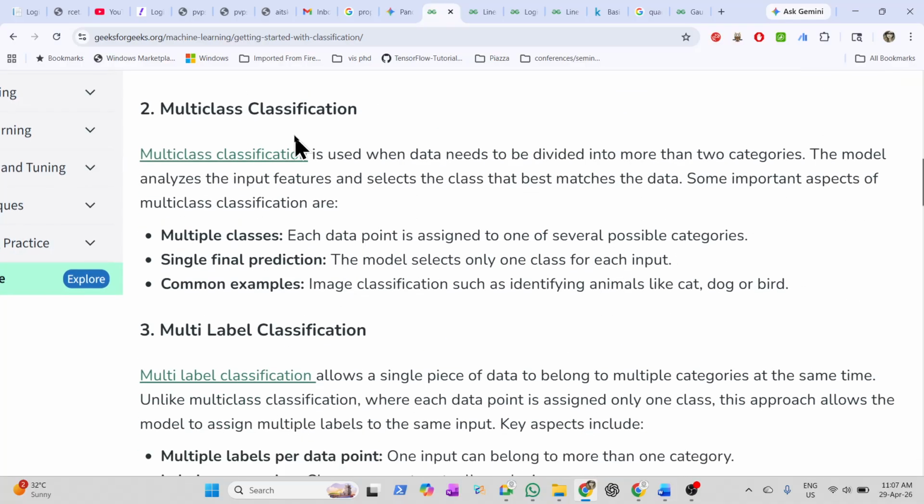In multi-class, the data is divided into more than two categories. The characteristics of this type of classification include: there are multiple classes, and each data point will be assigned to one of the several possible categories.